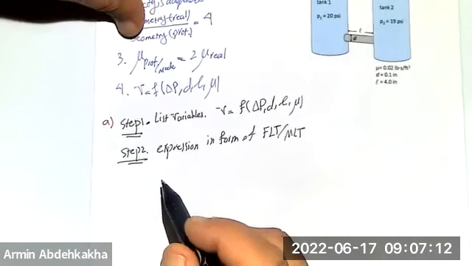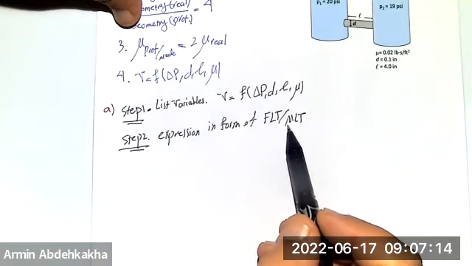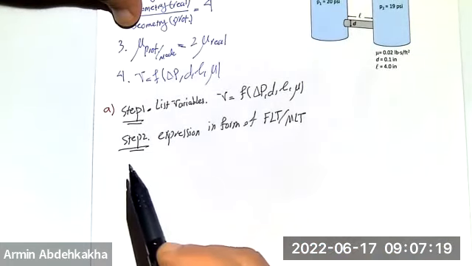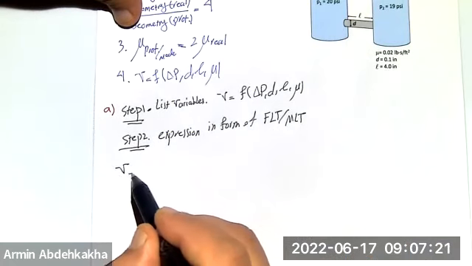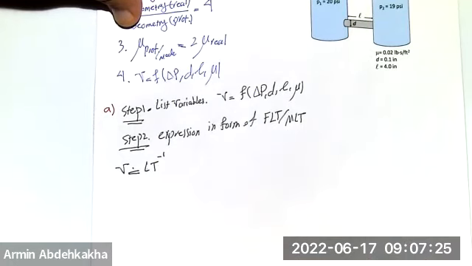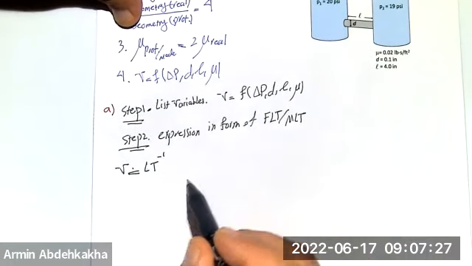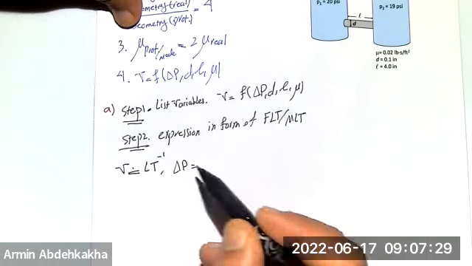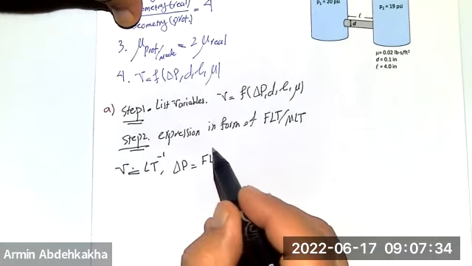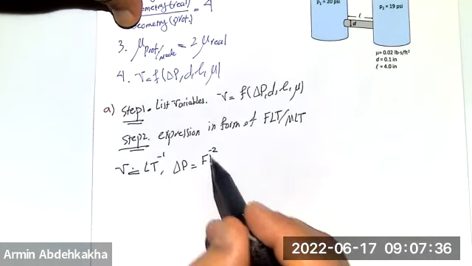You just have to decide which method you are going to use, FLT or MLT system, and then write it. So V is L T minus 1, right? Delta P, I'm using the FLT method. That's easier for me, and most of the time it's easier.